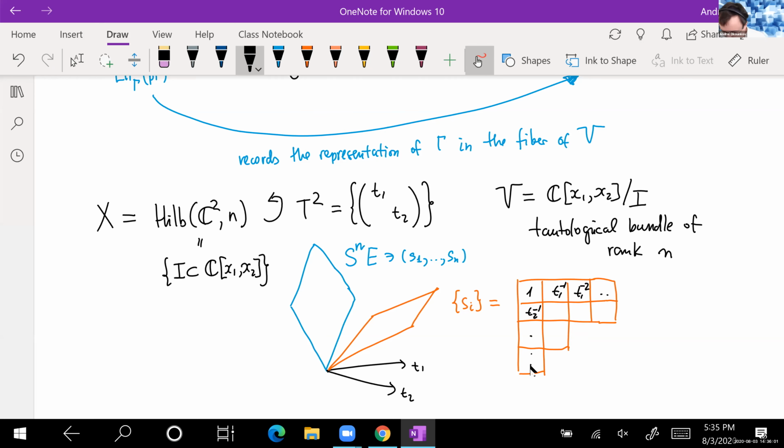Right? So this is a copy. My scheme is a copy of however many partitions.